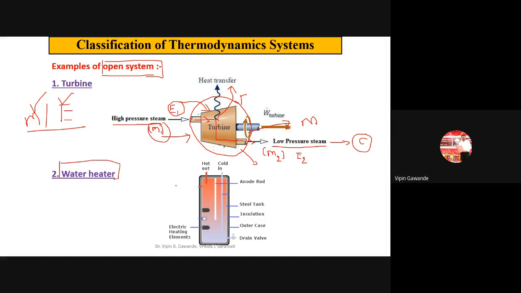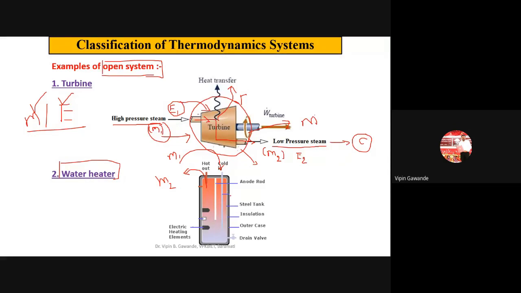Now take the water heater. The water heater is also an open system, because if you see, cold water enters the heater, so some mass of water enters the heater. When we take the hot water, we get the second mass, M2, of water. So there is a mass exchange.